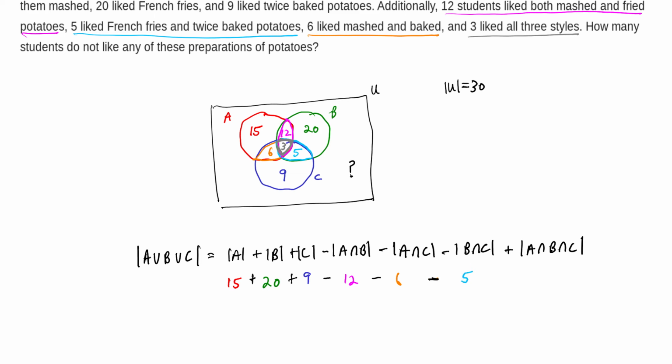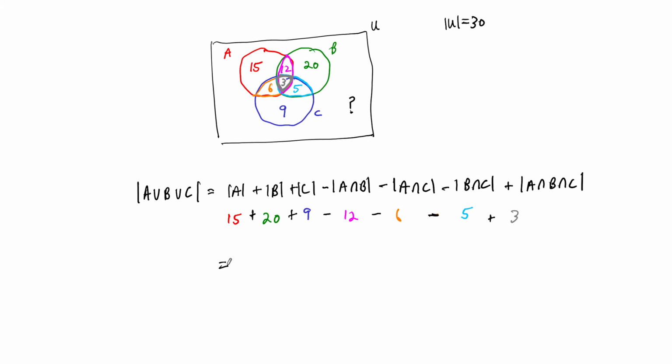And then finally we have to add back in the 3 that we completely got rid of, and make sure that we count them after all. All right, and now we just add this up. I'll do this in stages, but this is 44. That's too many. Minus, this is going to be 23, plus 3. So this is 47 minus 23, and that is, of course, 24.